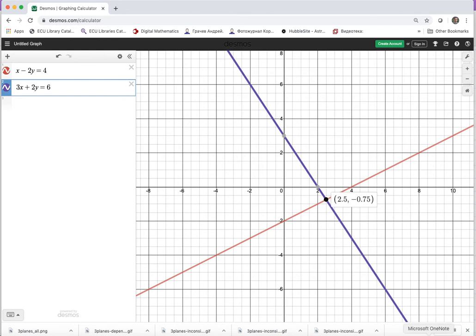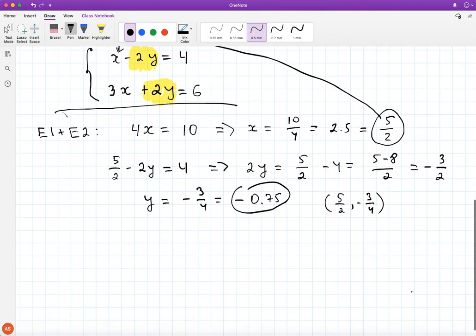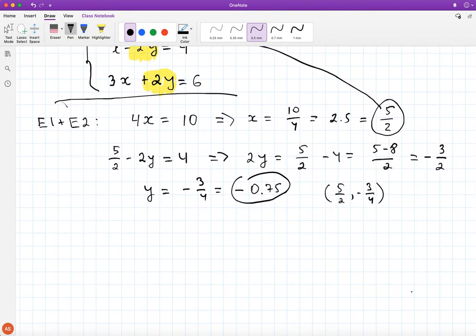Two lines meet at a single point. We say in such cases that the system is independent. An independent system is a system that has only one solution.